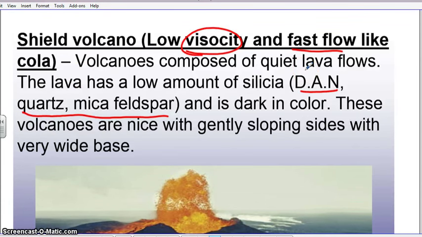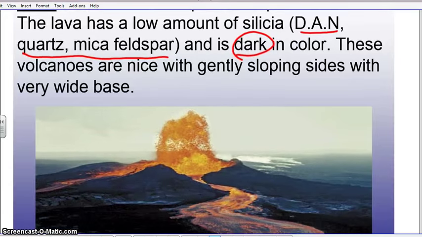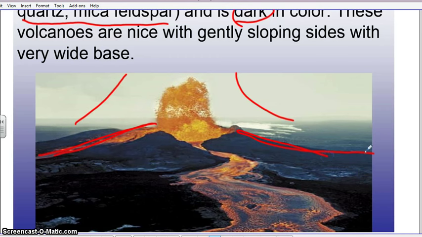Whenever it needs to go, it just goes with the flow. And they're always dark in color. These volcanoes have very nice, gentle sloping sides with a very wide base. If you notice, the composite is higher, way higher, and it's steeper, but the shield is just like, we just go with it, man. We just roll with it.